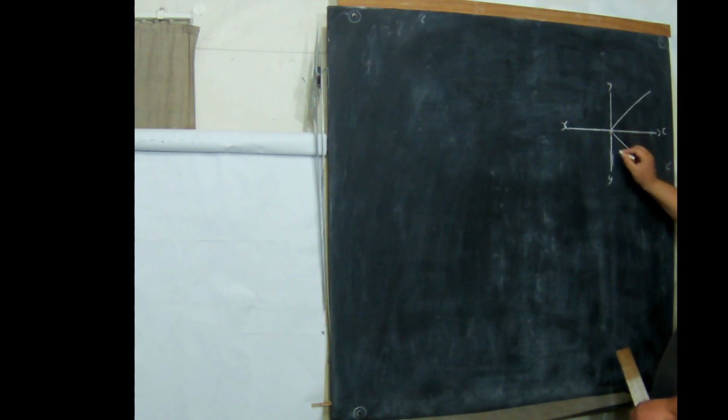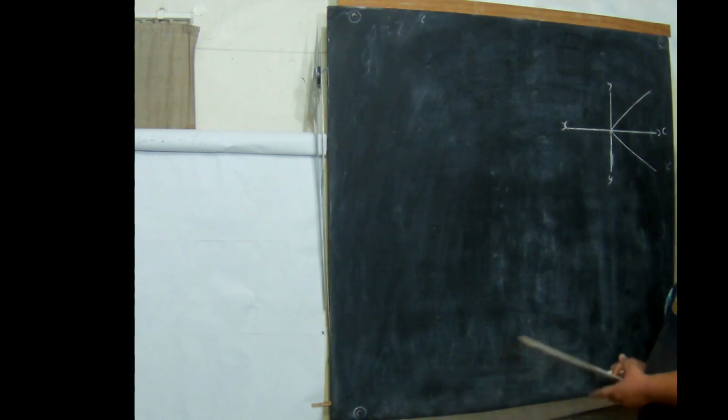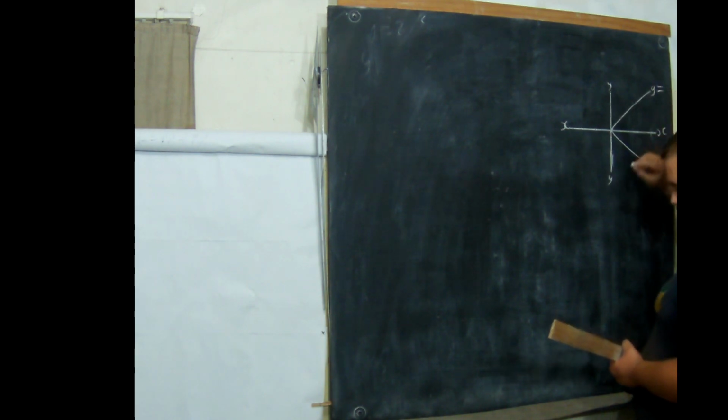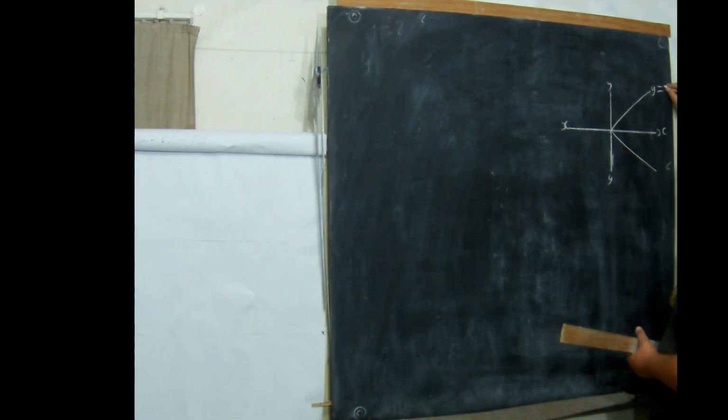Now, because we have a graph like this, it has to be mirrored on the bottom. Or however you do this, it needs to be mirrored. So we have a graph which is y is equal to 2x.